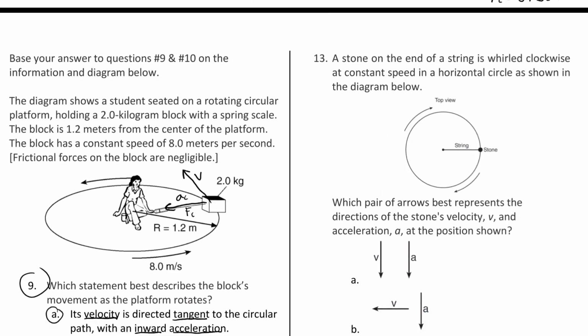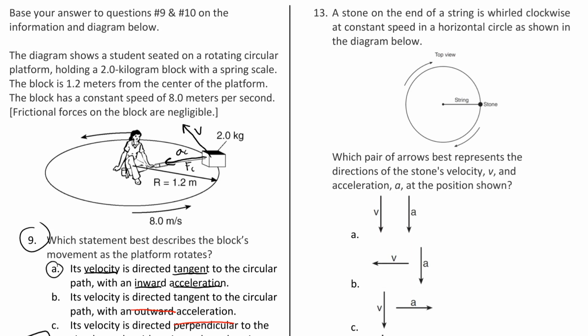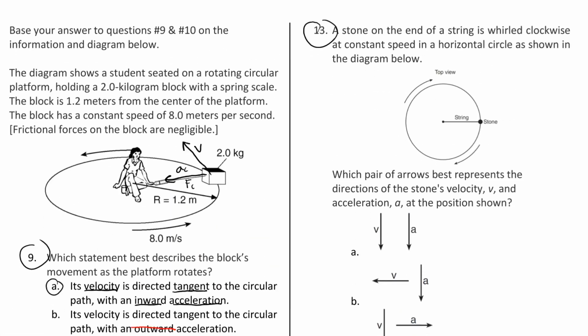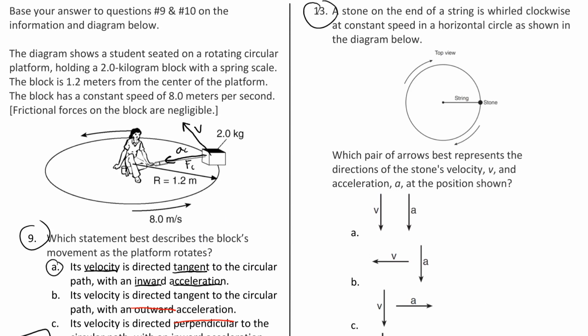All right, number 13. A stone on the end of the string is whirled clockwise at a constant speed in a horizontal circle as shown in the diagram below. Which pair of arrows best represents the directions of the stone's velocity and acceleration at the position shown? So we can predict it's going in this direction.